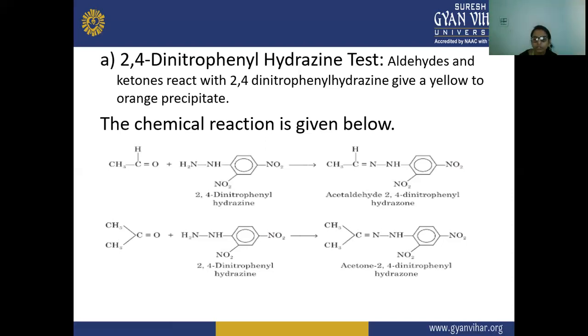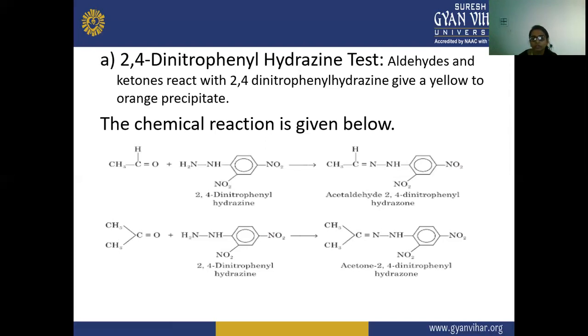In the first test, the 2,4-dinitrophenylhydrazine test, you will see that the aldehyde and ketone are reacting with 2,4-dinitrophenylhydrazine, and there is the formation of a yellow or orange precipitate.